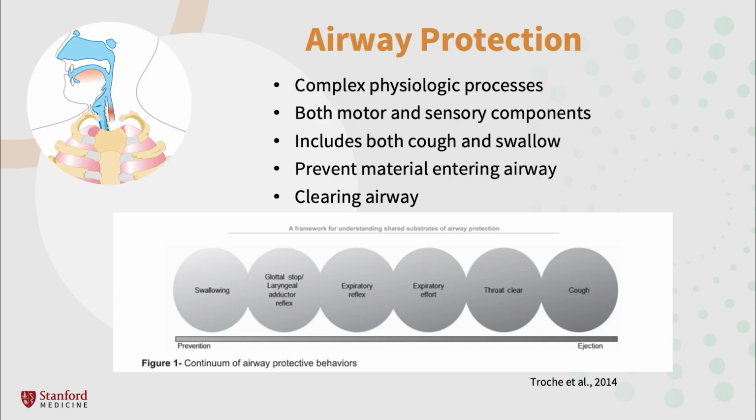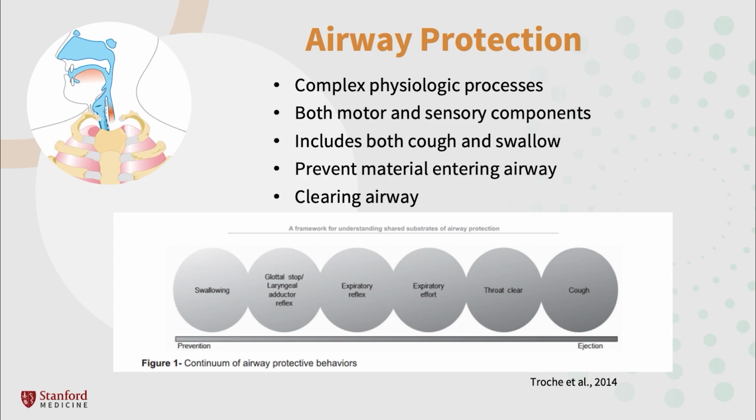And finally, perhaps to me, one of the hardest things to define here today is the processes involved with airway protection. And so we will be hearing from pulmonology today with their expertise, but I tried to simplify it and provided a reference by Troche and her group about the continuum, very complex processes that make up our ability to protect our airway.